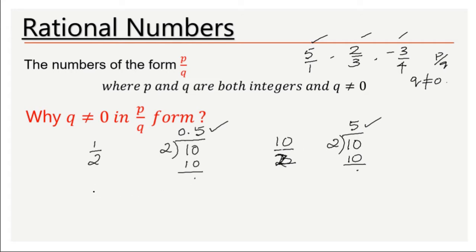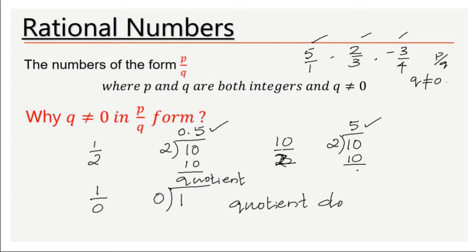What if the number 1 is divided by 0? When 0 divides 1, what will be the quotient? Can you guess a number here? We do not get any number as a quotient. So it means that the quotient doesn't exist.